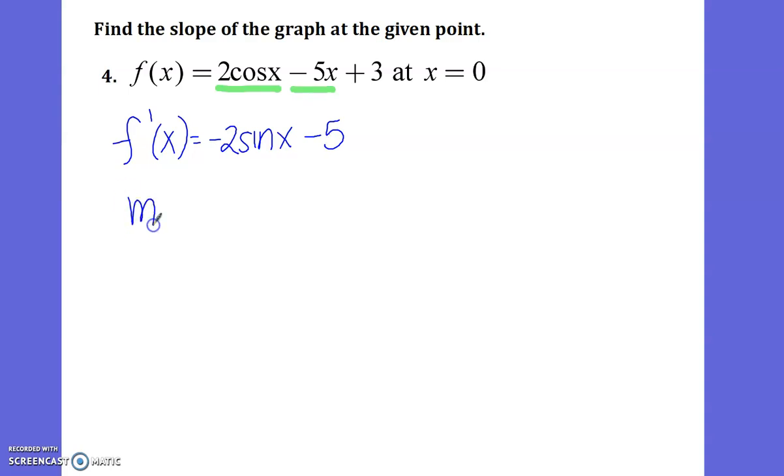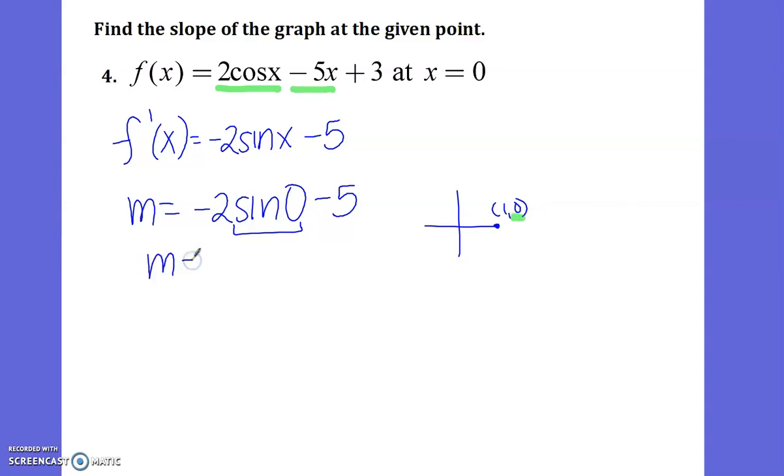So, to find the slope at x equals 0, I plug in 0 for x. Evaluating sine of 0 falls right here. Sine is all about the y. So sine of 0 is 0. 0 minus 5, our slope is -5. Okay.